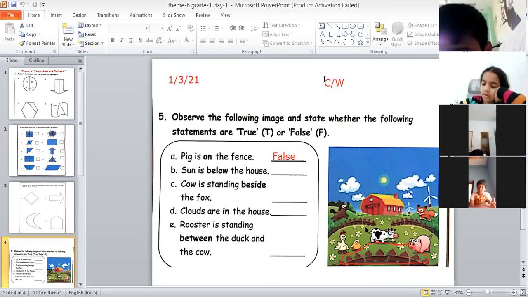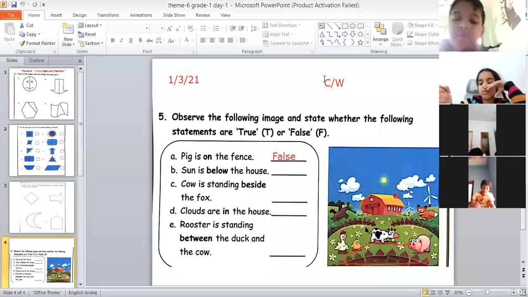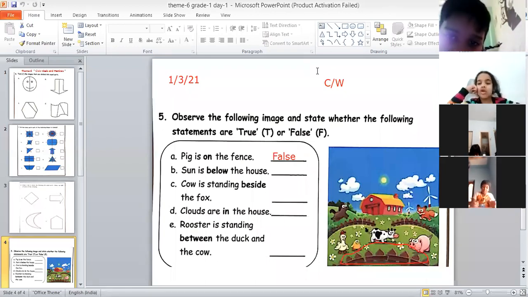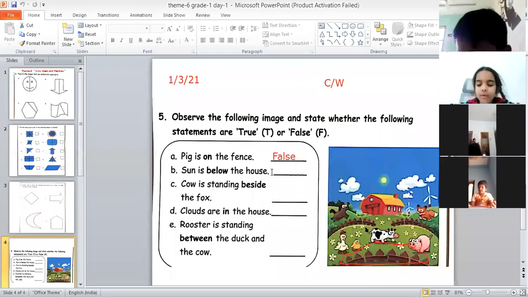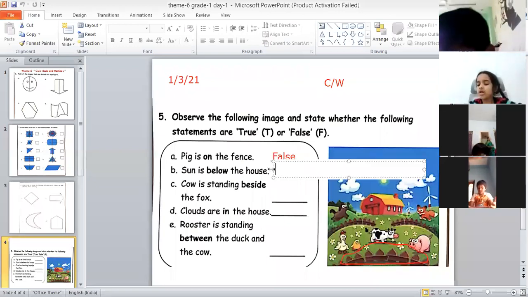Is that sun down the house? No, up. So this statement is true or false? False, yes, because sun is not below the house. Sun is above the house. So this statement is false. So we will be writing here false.